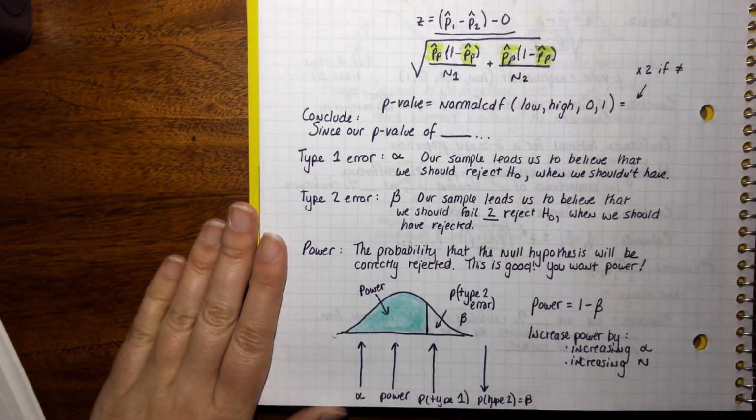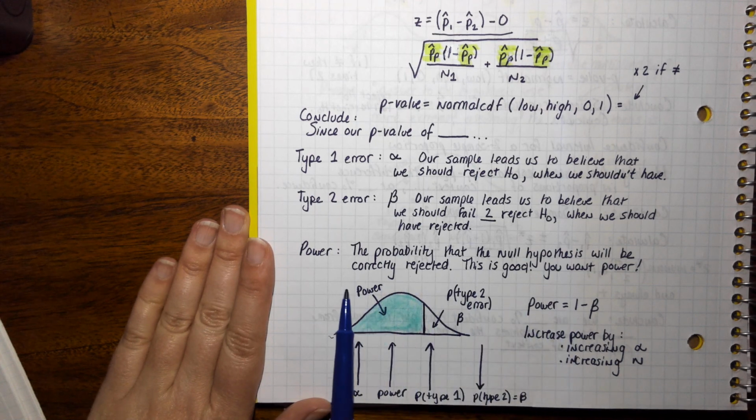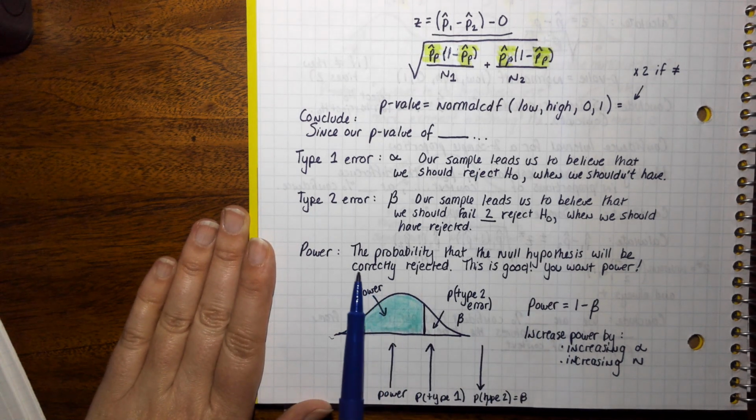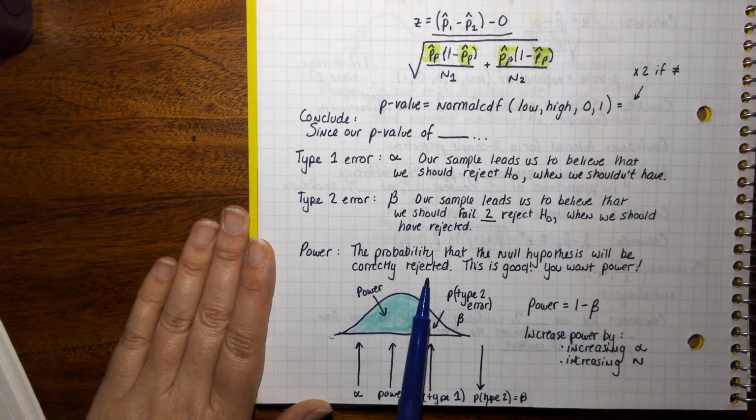Okay, so just a quick review of power. This is in the chapter 8 review, by the way, if you want to take a look at that to follow along. The probability that the null hypothesis will be correctly rejected is the power. The power is on the left side of the curve, and the probability of the type 2 error, beta, is on the other side.